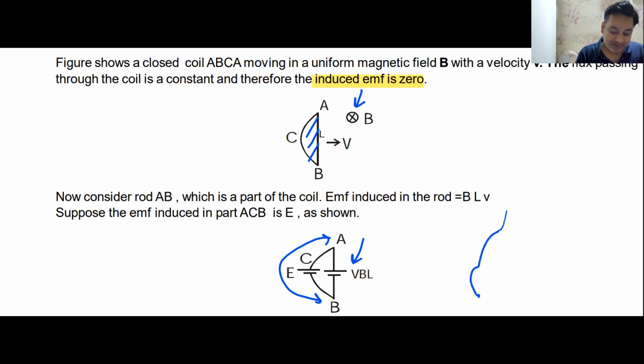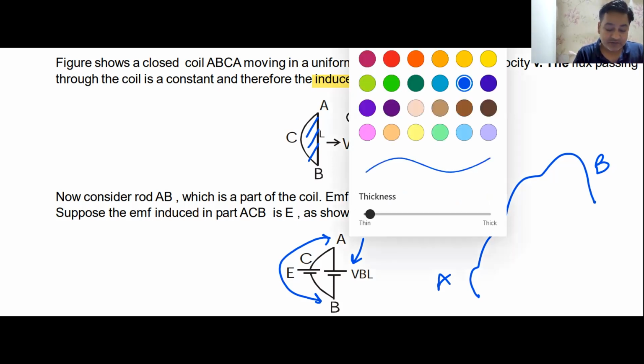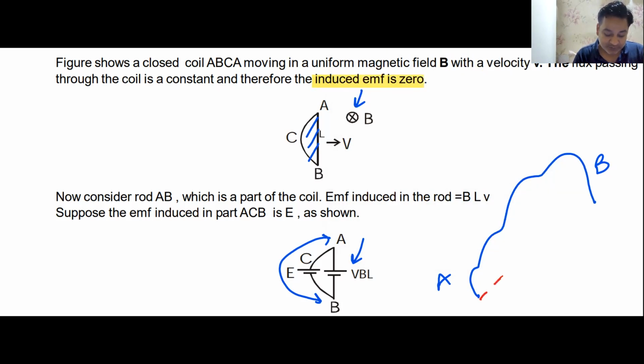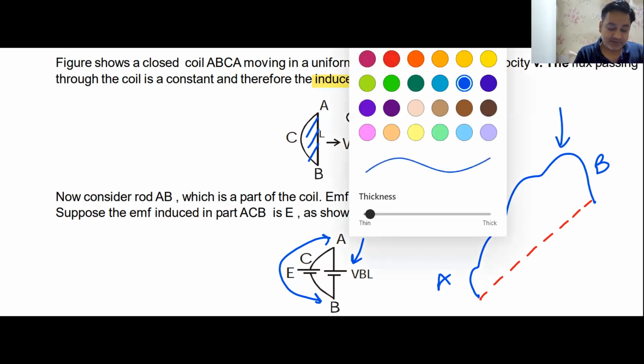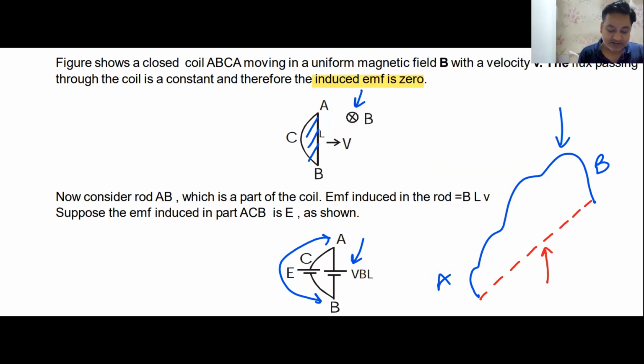That means if I have a random shape loop AB which is moving in a magnetic field, and if someone asks you what is the EMF induced in this loop, what you got to do is do the same thing that we have done. We are going to close this loop. Are you getting my point? Yes, sir. Whatever EMF is induced in this curved part, the same EMF would be induced in this straight part.